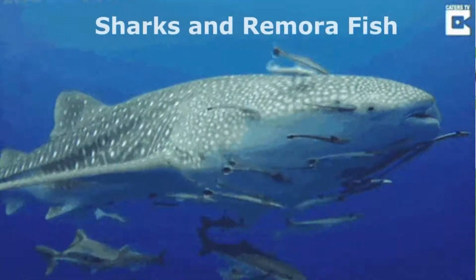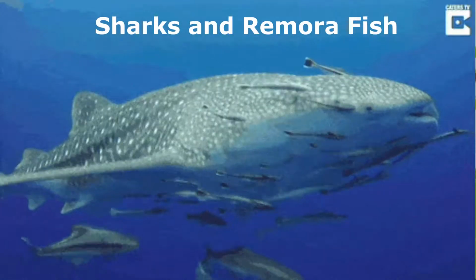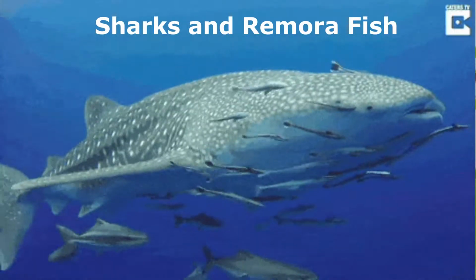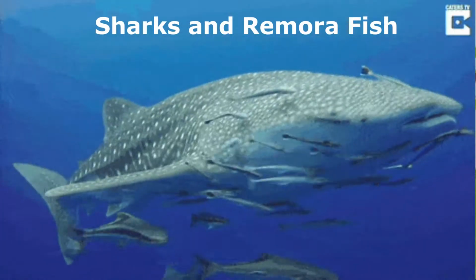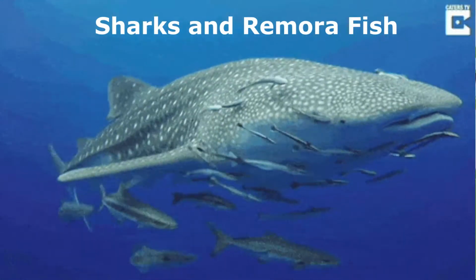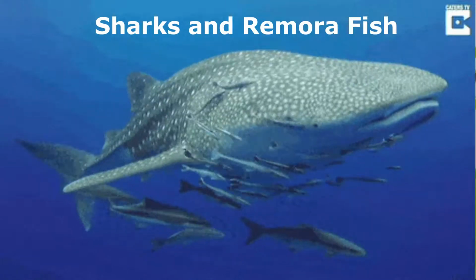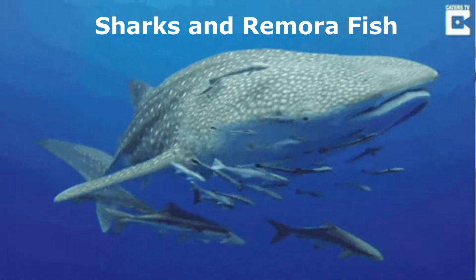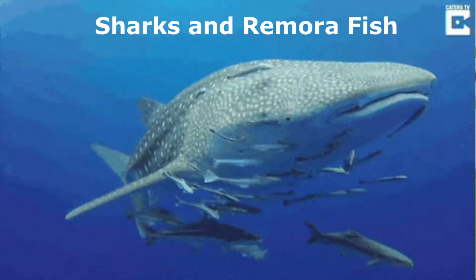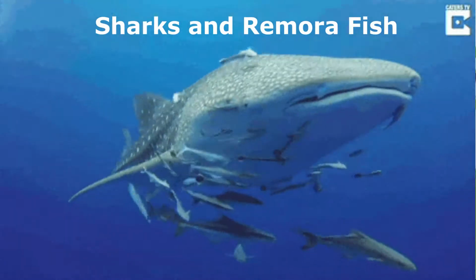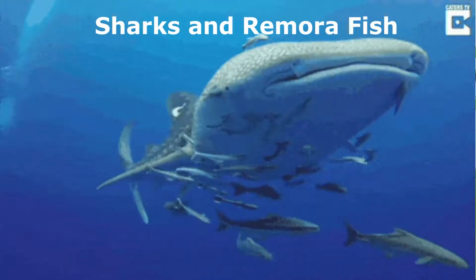And also, sharks and remora fish. The remora or suckerfish is a small fish that grows to about 3 feet. It is a member of the ray-finned fish. The remora forms a commensal relationship with large sea organisms, especially sharks, turtles, and whales.